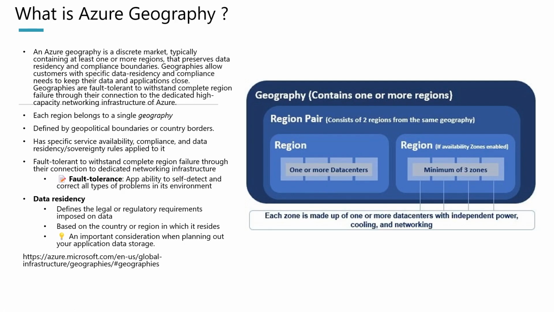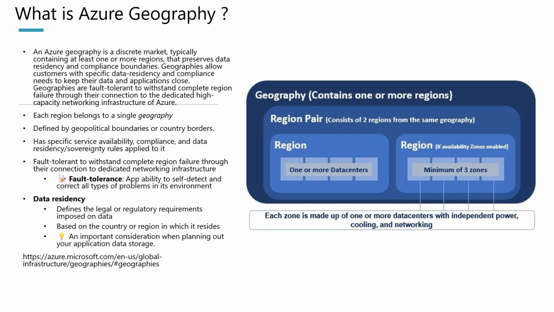So what is an Azure geography? Azure's data centers are spread across multiple geographic regions. Each region consists of one or multiple data centers located in a specific geographical area. Azure currently has more than 60 regions worldwide, covering almost every continent. If we see this image, a geography can contain one or multiple regions, and regions can have region pairings, right?